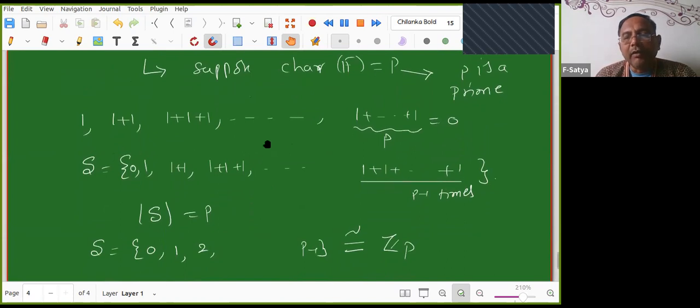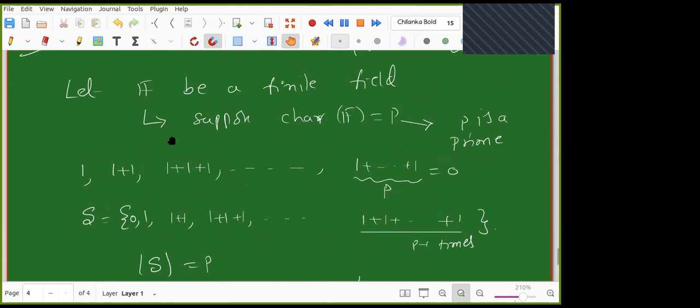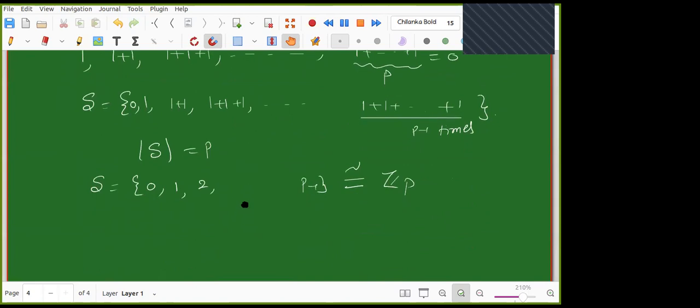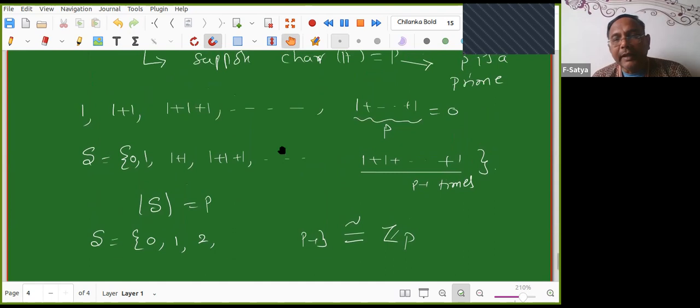What is the order of 1 in F, the additive order? It is p, because every element's order is p, because the characteristic is p. That is interesting, but how far you understand, I will check after a while.